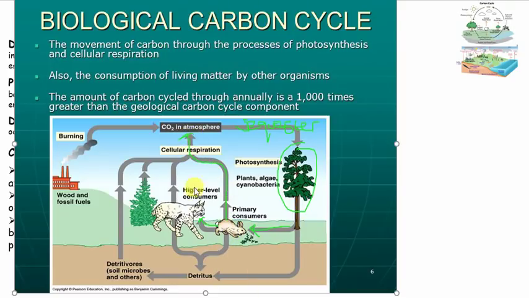So it's passed up into the food web. That's why all living plants and animals contain carbon as living matter. And then we eat the cattle, cows, pigs, whatever, if you're not a vegetarian or a vegan, and that carbon's then transferred to us as well, into the food web.